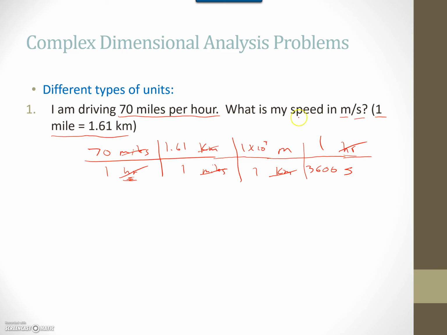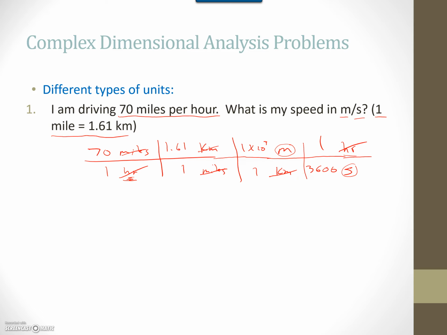Remember, we go back to the problem. I wanted my answer to be in meters per second, or meters over second. If I look back at my table, I have meters on top, seconds on bottom. So it looks like all of my conversions are ready to go. I'm going to multiply 70 by 1.61 by 1,000, get that number, and divide by 3,600.